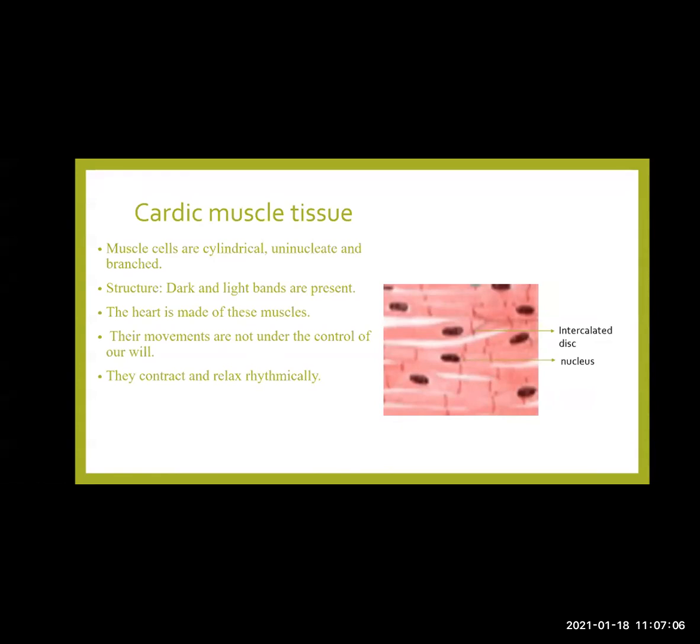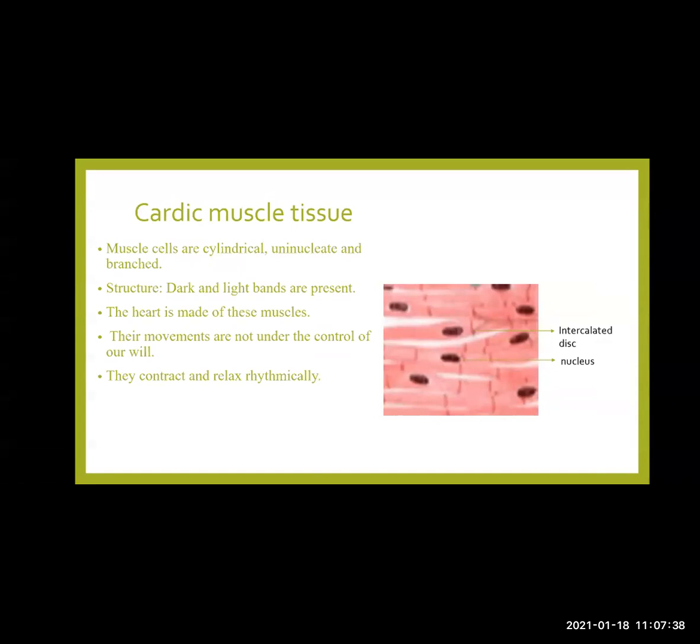There is rhythmicity, which means at a particular interval of time it will contract and it will relax. If you all know, our heart beats 72 times per minute. On an average, our heart pumps 72 times per minute. This may vary in certain conditions, like if you are exercising, running, or exhausted, the heartbeat may increase.